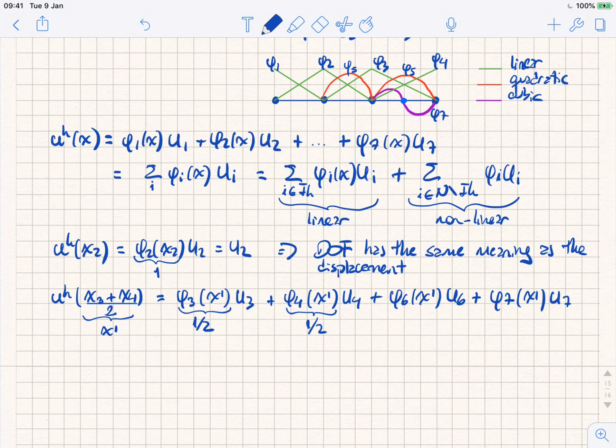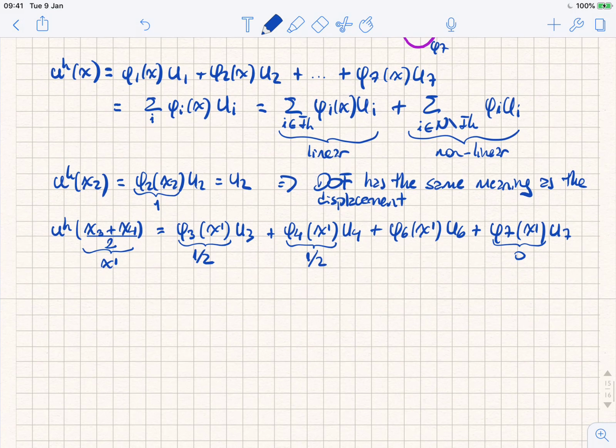And we know what this is, 0. You're on fire today. So this one is 0, and then you can see that this whole thing leaves us u6, which is what we discussed earlier, that u6 no longer has the physical meaning that is attributed to those in h-FEM.